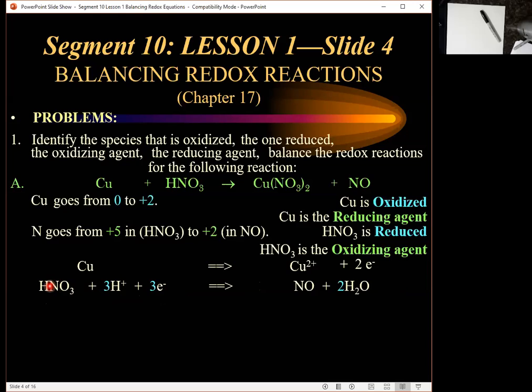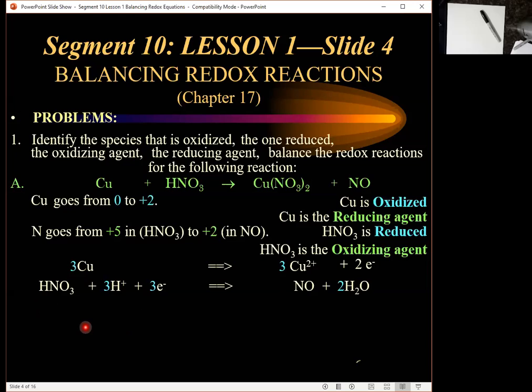The next step is to make sure that we have the same number of electrons gained and lost. We can do that by multiplying each equation through by some number. I want to multiply them by a number that both 3 and 2 will divide into evenly. Well, that's going to be 6. So I need to multiply the first equation through by 3 and the second equation through by 2.